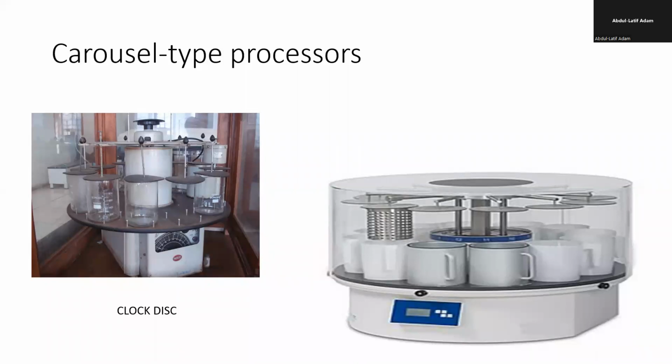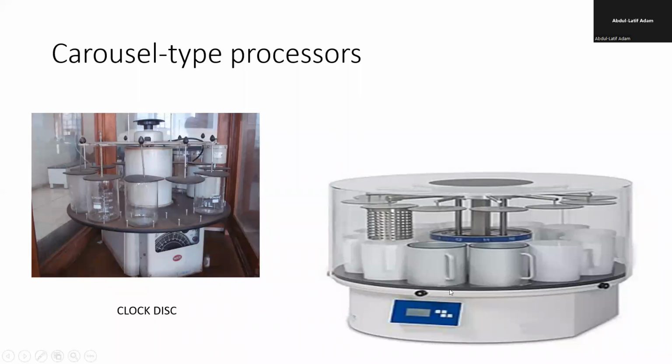With the clock disk, if you have different protocols, a protocol for tiny biopsies, a protocol for biopsies, a protocol for very dense biopsies, you will have 3 of these disks. When you are processing tiny biopsies, you put the disk for tiny biopsies. If you have dense tissue, you put the disk for dense tissue inside.